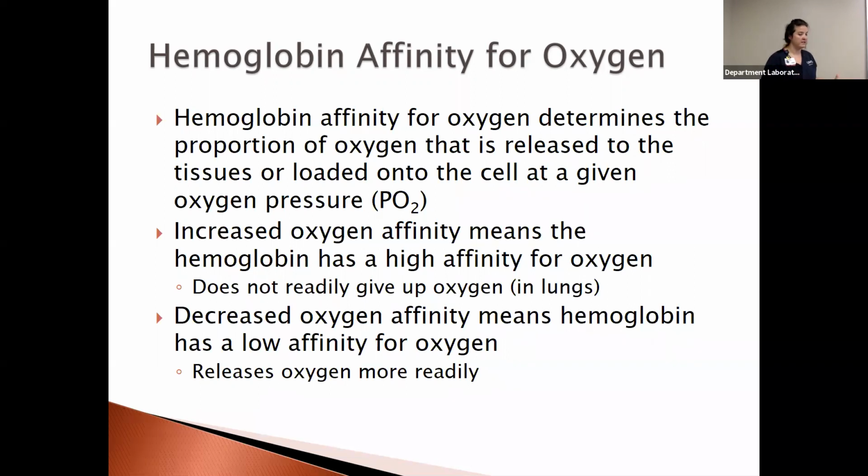Increased oxygen affinity means that hemoglobin has a high affinity for oxygen. It's loving that oxygen. It does not readily want to release it. Decreased oxygen affinity means that the hemoglobin has a low affinity for oxygen. It wants to get rid of that oxygen, such as would occur in our tissues.